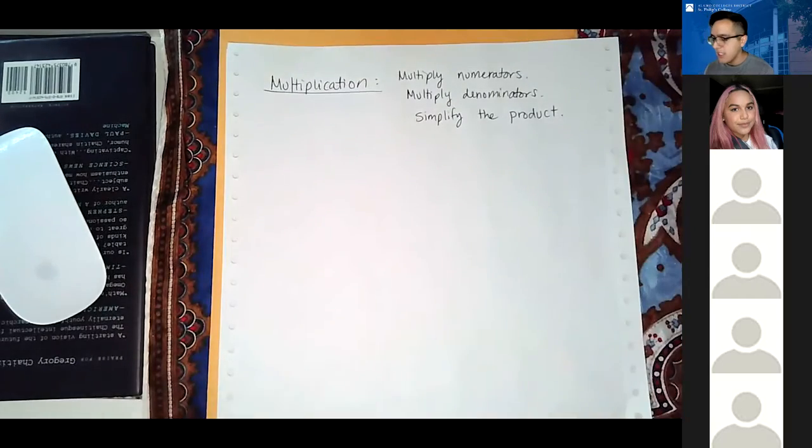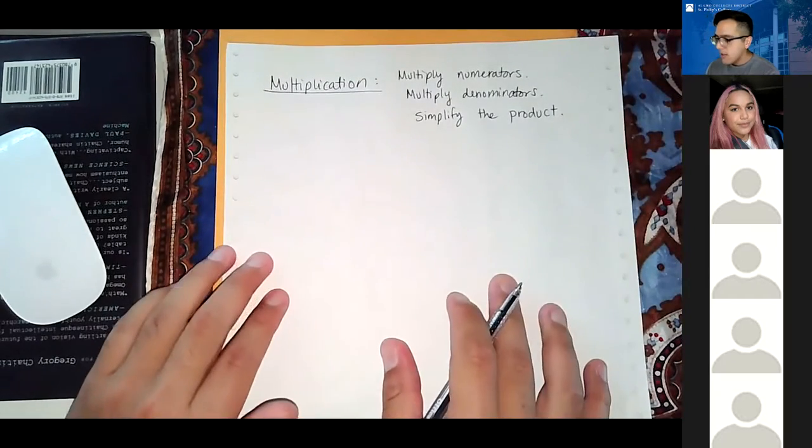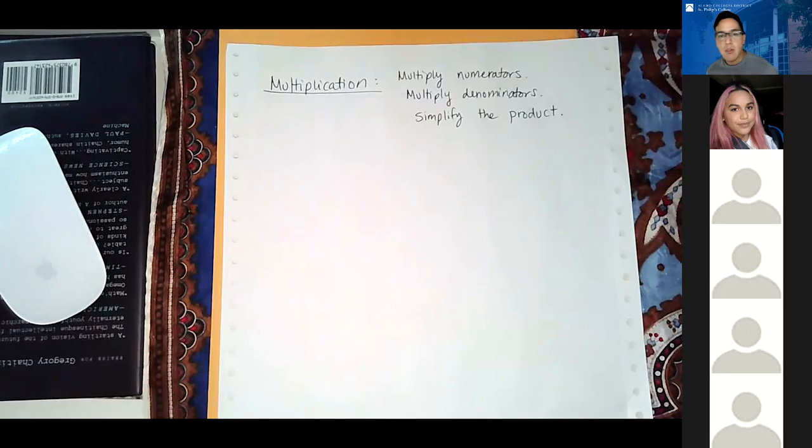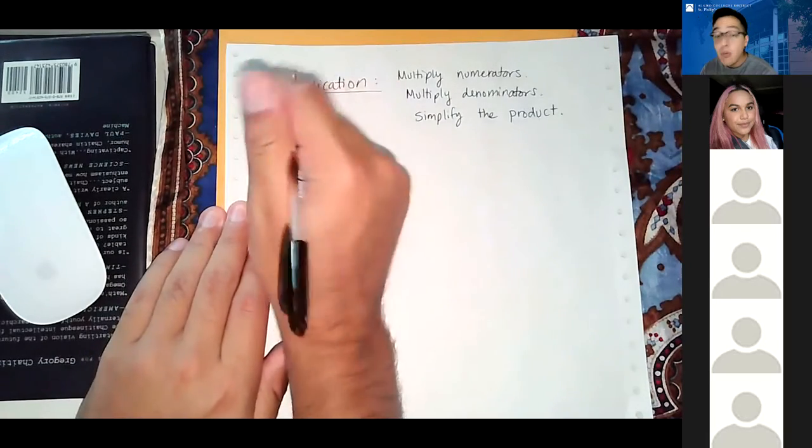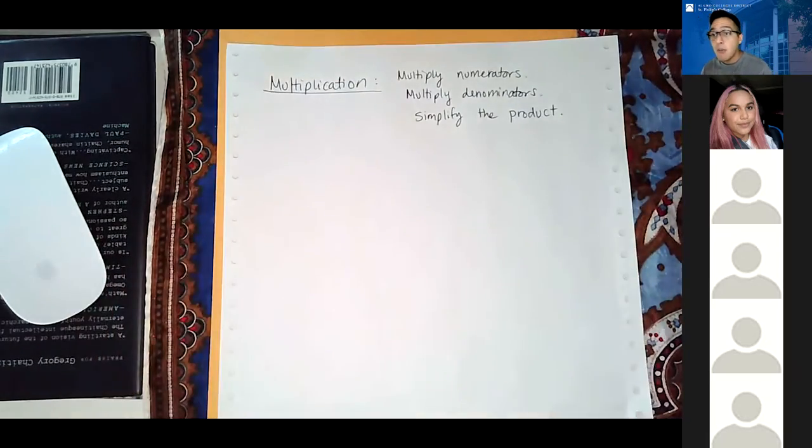The result of multiplication is the product. So that's our 3 steps for multiplying fractions. I will say this note, for multiplying and dividing fractions, we don't care about common denominators at all. Least common denominator, you're only concerned about that for addition and subtraction, not multiplication and division.